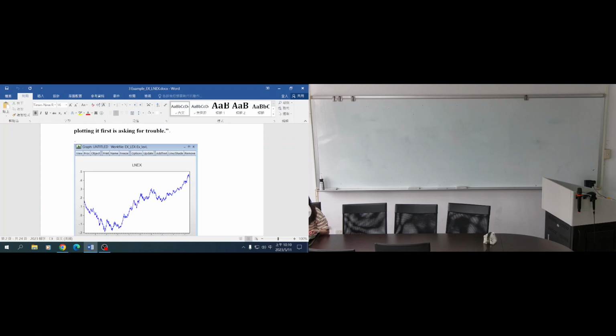Last week, we already introduced the concept and definition of stationarity and non-stationarity. And for time series data, we like to have stationary data, okay? Today, I'm going to continue that example and review it a little bit, using one of the data sets.